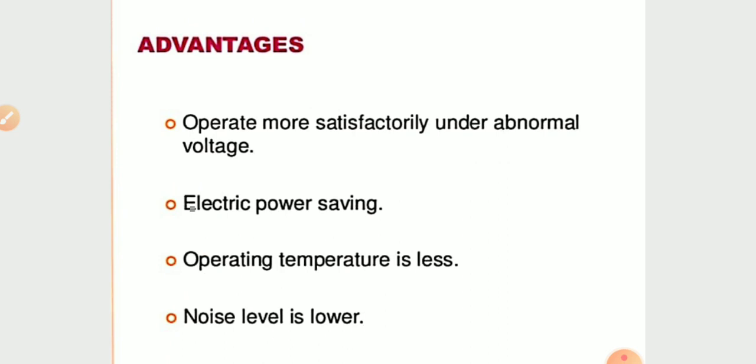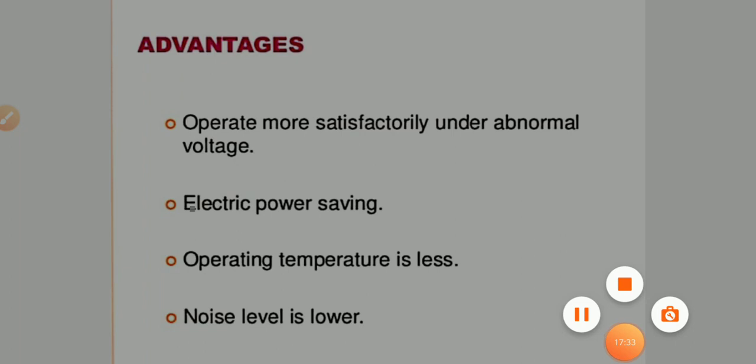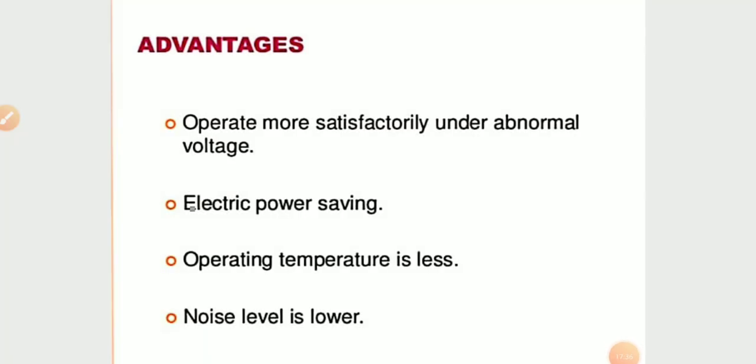When we use an energy efficient motor, the operating temperature is very low, and the noise level is also very low. Another advantage is that an energy efficient motor has lower slip, so it has a higher speed as compared to the standard motor.